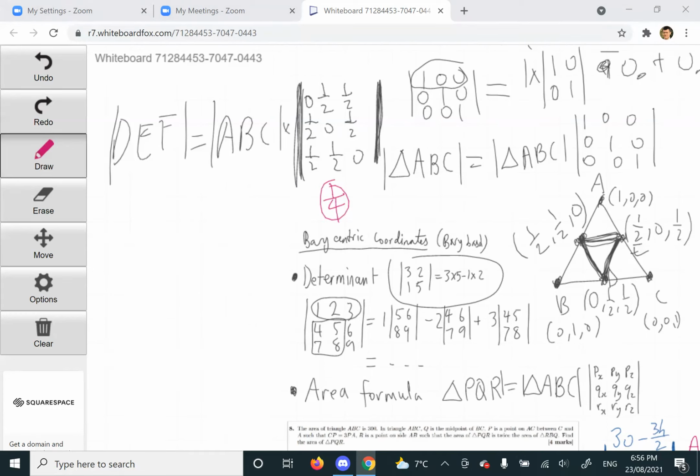So you should put the vertices either always clockwise or anti-clockwise, but the difference will be at most a minus sign. Yeah, this is a little bit beyond us, but I want to show you how far this problem can be stretched.